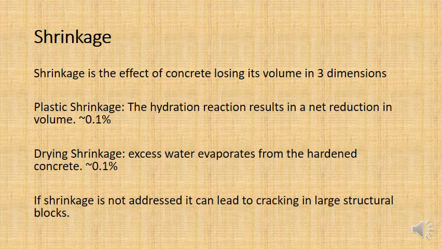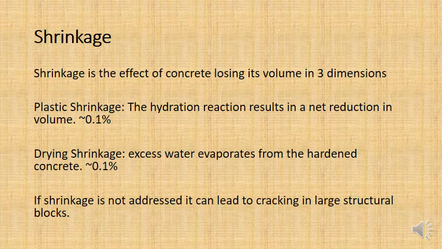Now, there's two things which lead to this shrinkage. The first one is quite easy to understand. That's drying shrinkage. Remember that only about 350 mils of water for every kilogram of cement in the concrete will be used in the hydration reaction. All the other water, the excess water, is just in the concrete so that it has good workability and so it has a high slump.